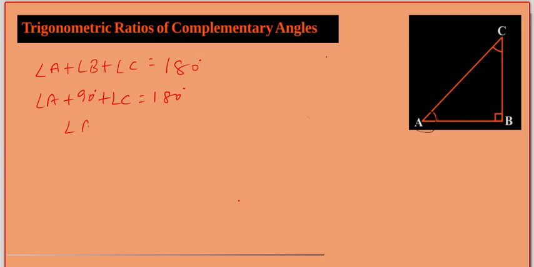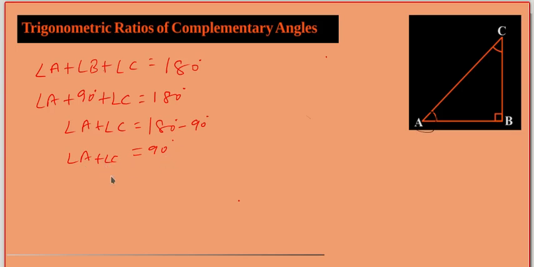So angle A plus angle C equals 180 degrees, and if you bring this 90 here, it becomes 180 minus 90, which is 90 degrees. That is, angle A plus angle C equals 90 degrees.